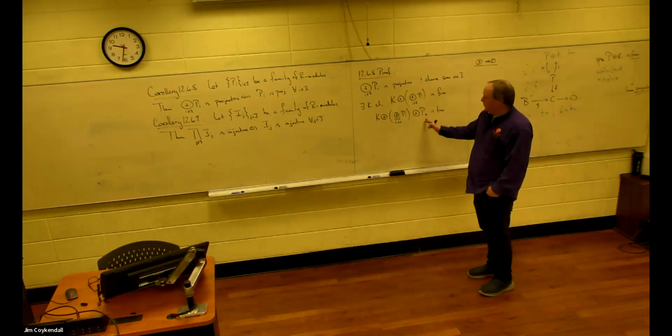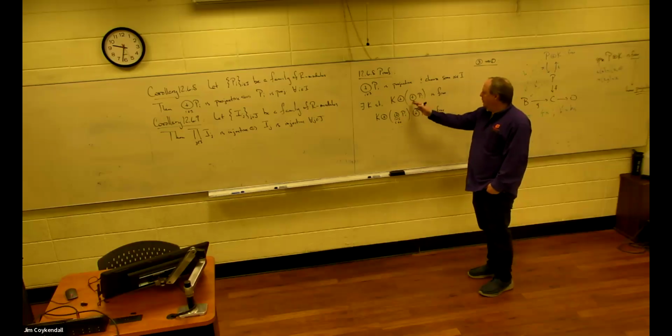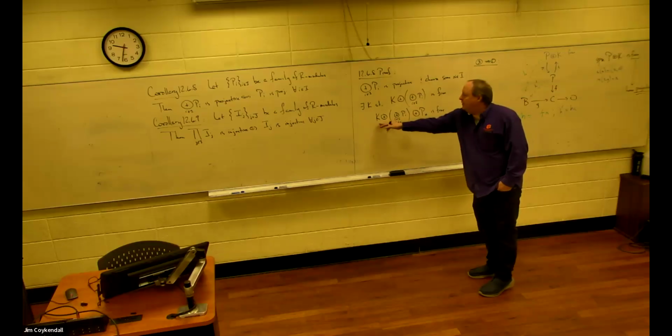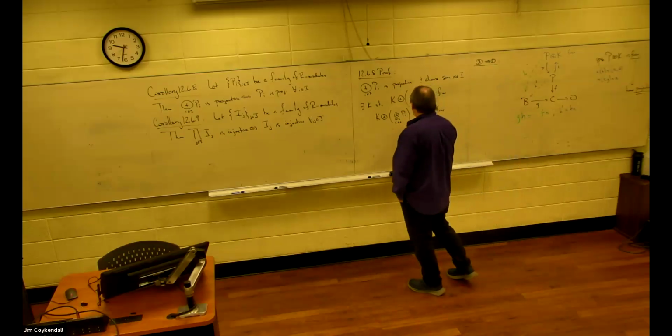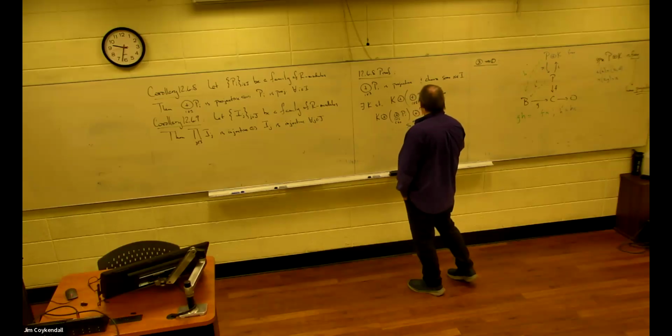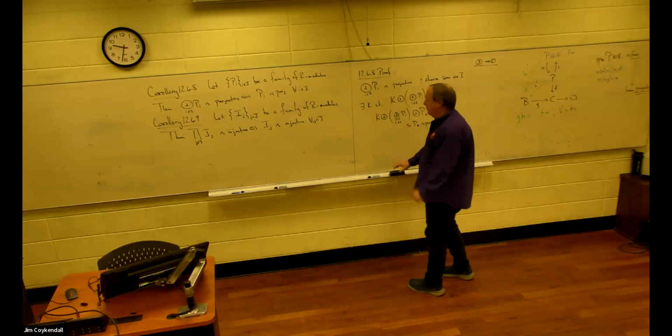All I did is pull the P alpha out of it. So one of these i's is alpha, and I pulled it out here. Now this thing plays the role of the K, and this direct sum is free. So P alpha is projective.